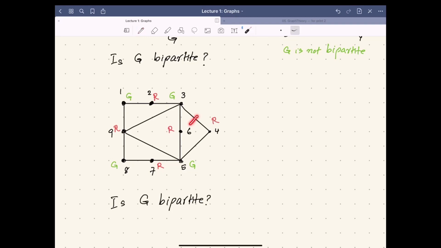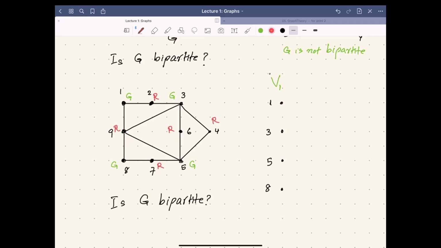By testing each edge, we will find that the endpoints have different colors. For example, this edge, red and green, different colors. This edge, green and red, different colors. Now we want to draw it. So you have to put, let's say, V1, and we will put 3, and we will put 5, and we will put 8 in one vertex set, which is for the green color, which is V1.